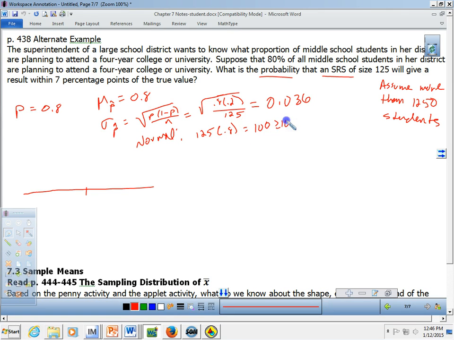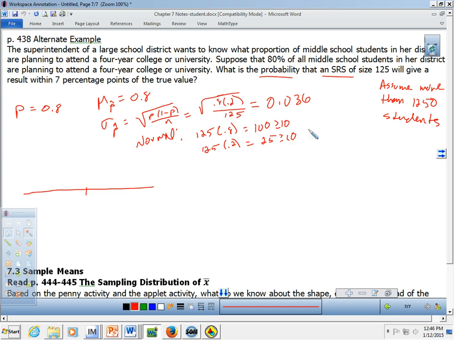That's bigger than or equal to 10 for sure. You've got to check the failures too. We would expect more failures than 10. Well, out of a sample of 125, if we expect 100 successes, then we could probably expect 25 failures, and that's also bigger than 10.